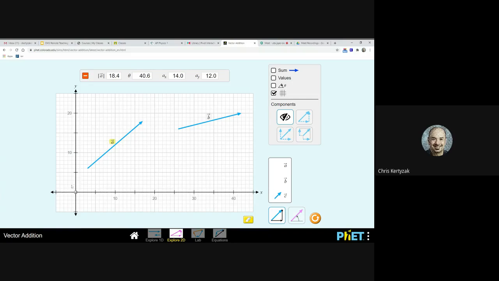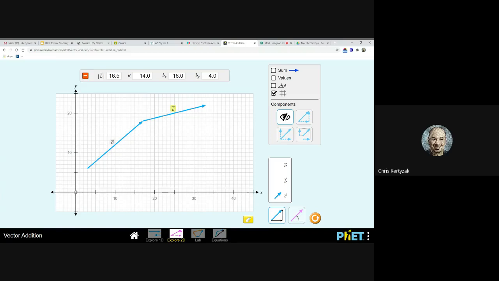And then the back end of the vector is called the tail. So when you're doing vector addition using the head to tail method, you place the tail, the back end of vector B, against the head, the tippy top point of vector A. You stick the head and the tail together. So once they're connected, you've now added those vectors visually.